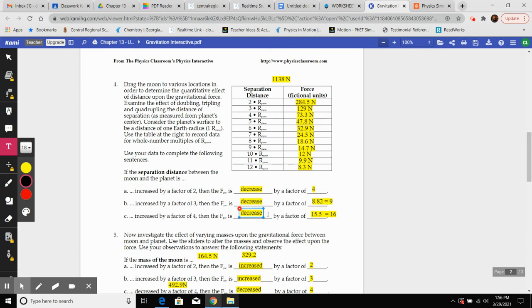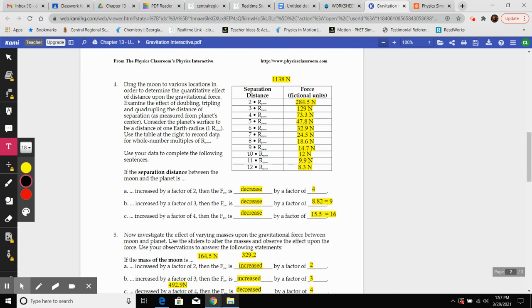Increased by 4, decreased by about 16. So if we continued on that pattern, say 5 times, the force should be a little under 23. But the pattern should hold.